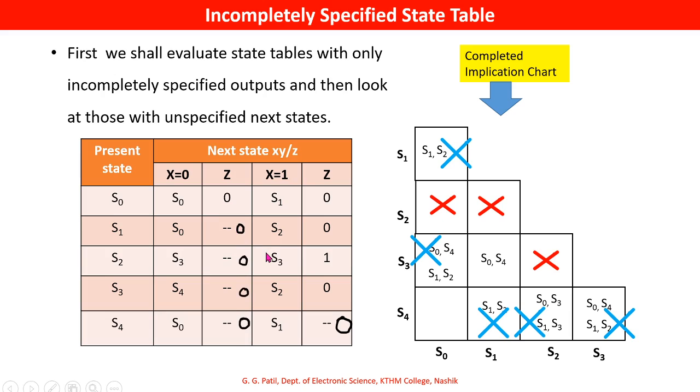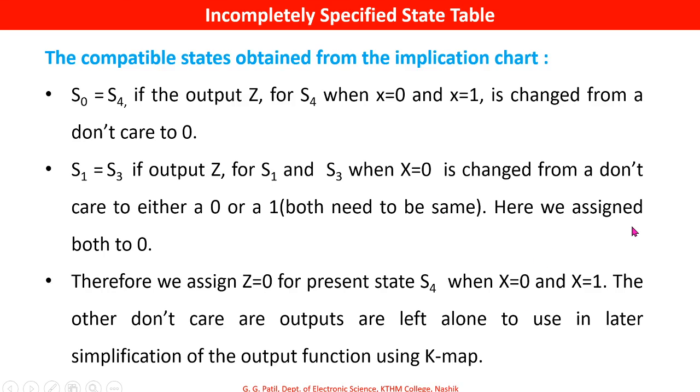In this way we have kept unspecified outputs unspecified as long as possible, and once they are specified we get the final table. So in this case S0 is compatible to S4 and S1 to S3 are the compatible state pairs.